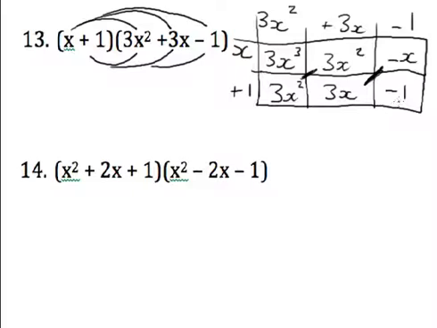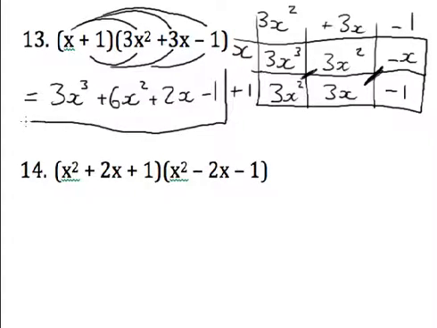And the 3x cubed and the minus 1 have no like terms, so my final answer using this method is 3x cubed plus 6x squared plus 2x minus 1. Make sure we don't confuse that answer with the plus 1 from the box method I did. But inside the badly drawn rectangle we have our answer.